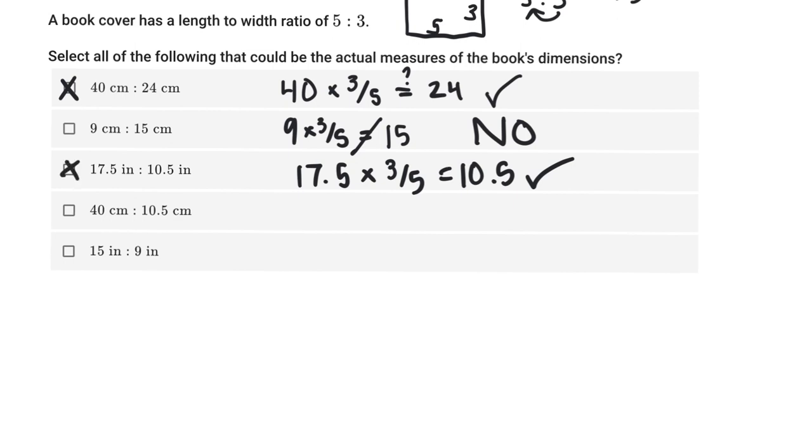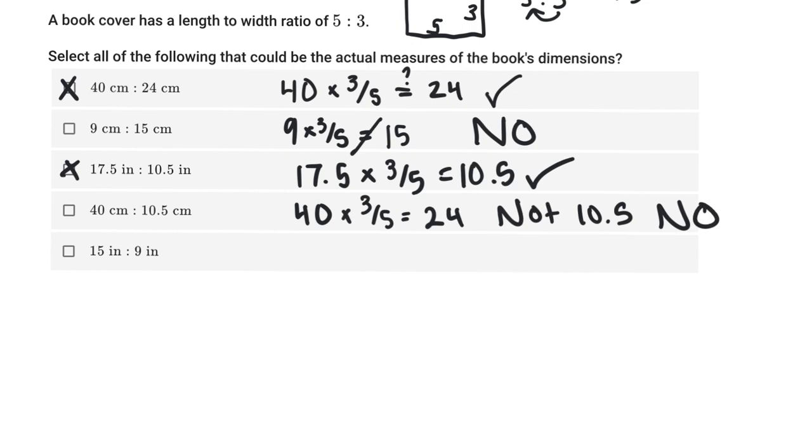I know the next one is not because I already found what 40 is when we multiply by 3/5. That is equal to 24, not 10.5. So this one is a big no, that is not proportional. And the next one is 15 times 3/5. Does that equal 9?